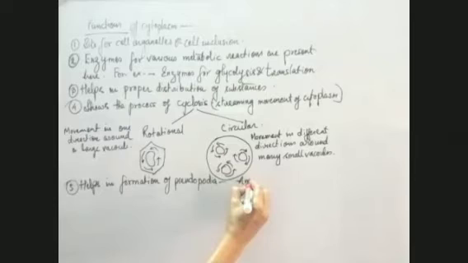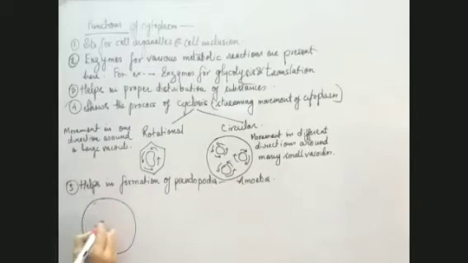So amoeba is a unicellular animal, so it's a cell. We have nucleus, and we have cytoplasm in two forms. The outer cytoplasm, which is present towards the periphery, is thick and viscous. That is why I'm drawing more spots to show that it is thick and viscous. Whereas the cytoplasm present towards the nucleus is thin and less viscous.